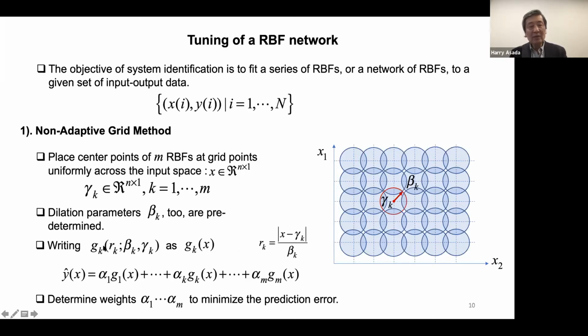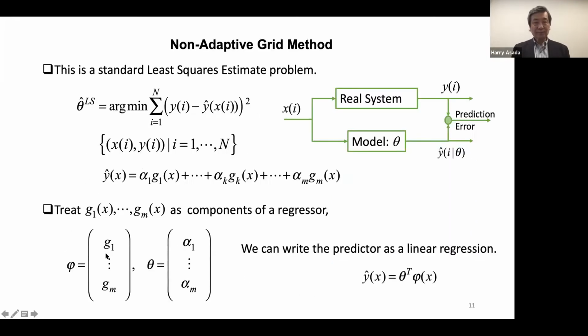So let's write this radial basis function as gk of x alone. The output y is created with a summation of these terms, right? So what we need to do is determine alpha 1 to alpha m so that it can best approximate this. So that's an easy problem.